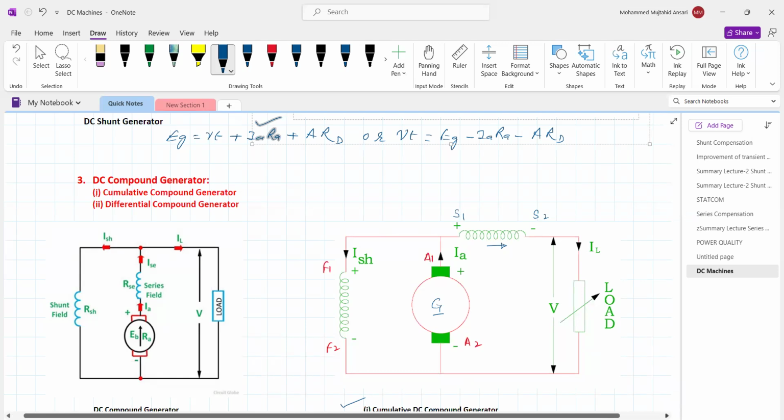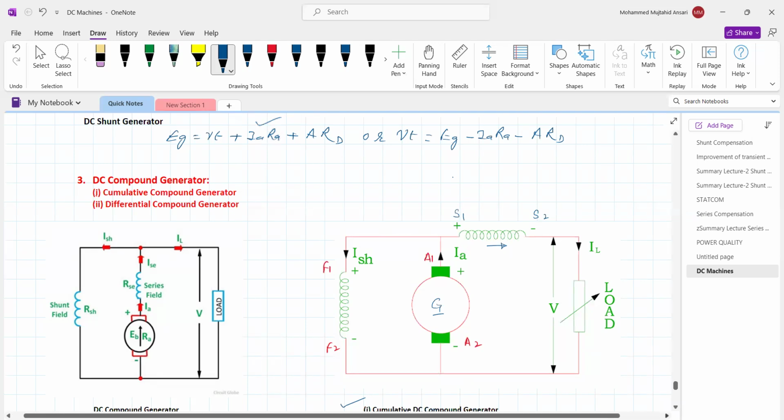If they are additive in nature, then it is called a cumulative compound generator. And if the flux produced by the series field winding is opposite to the shunt field winding, then it is called a differential compound generator.